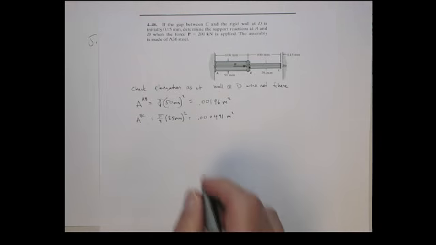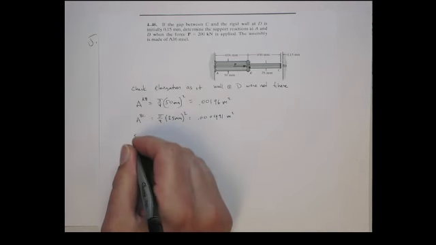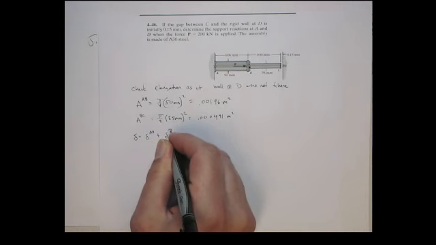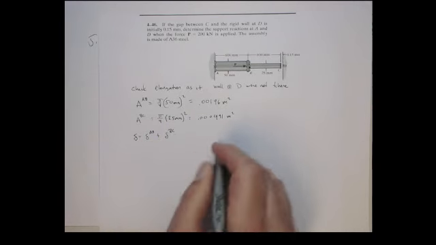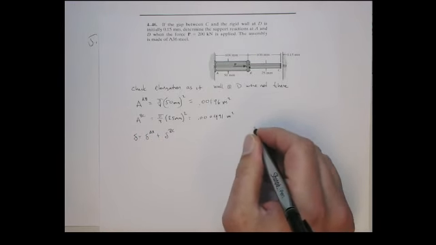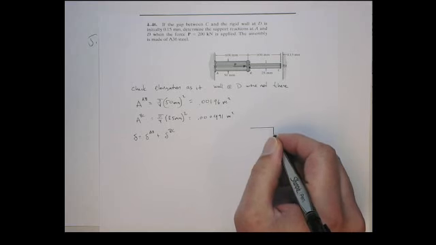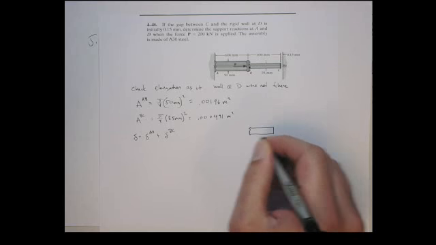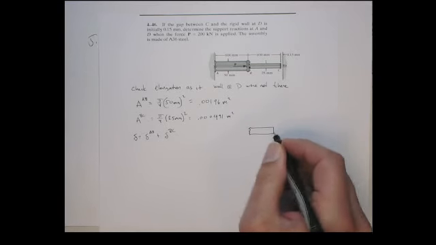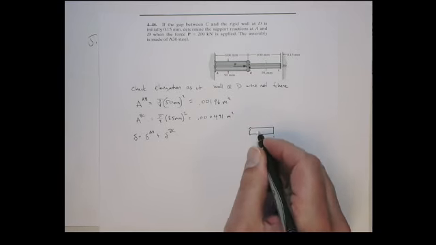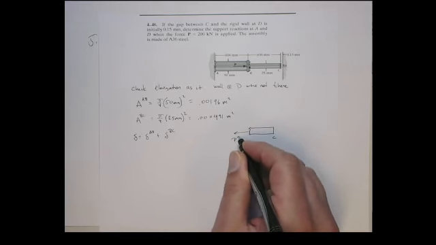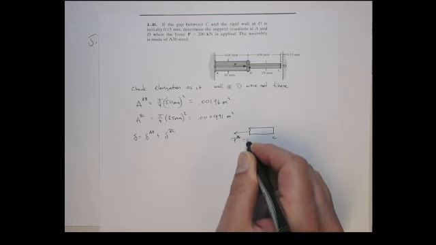Now the total elongation is the elongation of section AB plus the elongation of section BC. If we do the free body diagrams, here's point C. Assuming it's not in contact, then there's no force on here, so obviously the internal reaction force here is 0.